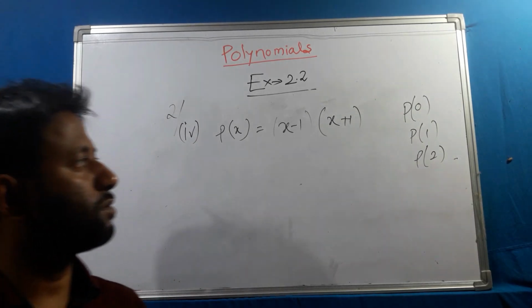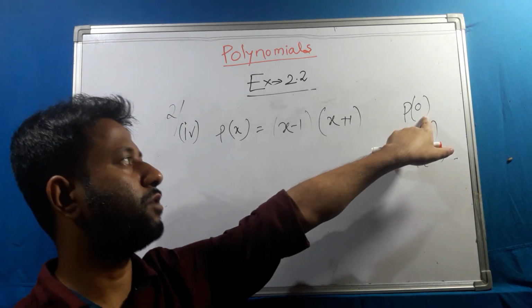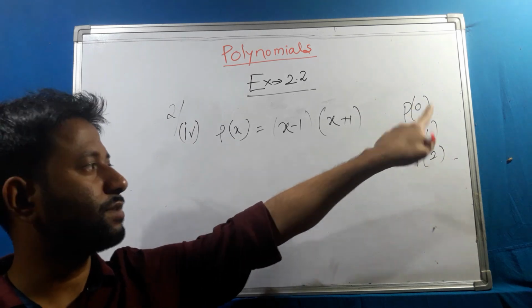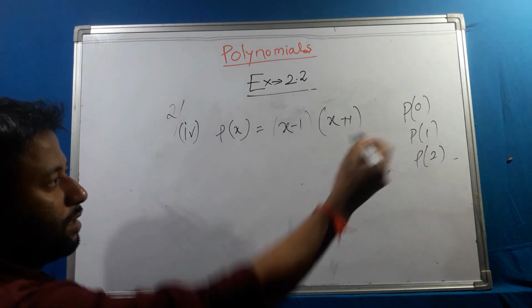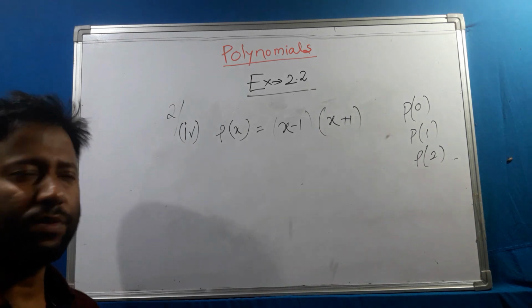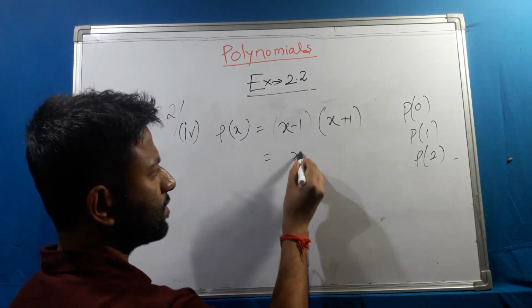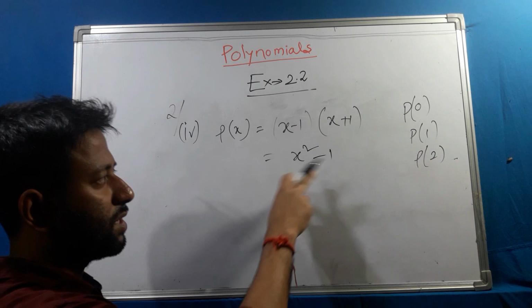They are asking about the values of p of 0, p of 1 and p of 2. That means I have to put in the variable values, first 0, second 1, third 2. We can put them directly or simplify first. It becomes x square minus 1, because a plus b into a minus b is a square minus b square.